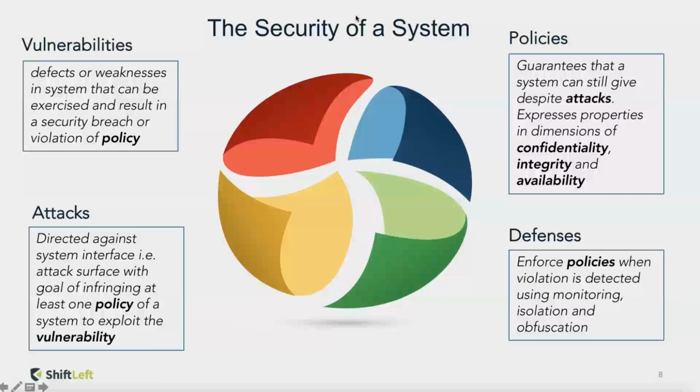Then comes defenses. When these policies are enforced, there is affirmative action associated with the violation of a policy, meaning we continuously monitor for requests, and if any request is attempting to exploit the application, we detect and then take affirmative action, which could essentially mean block that particular request.